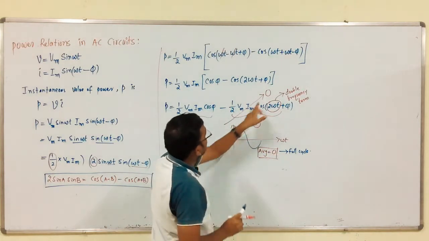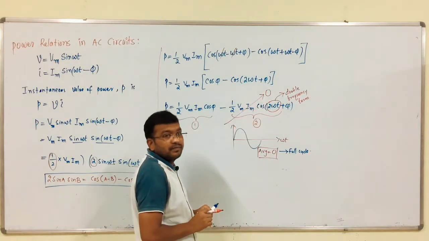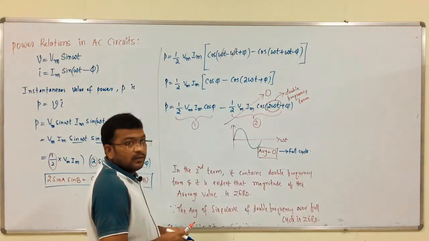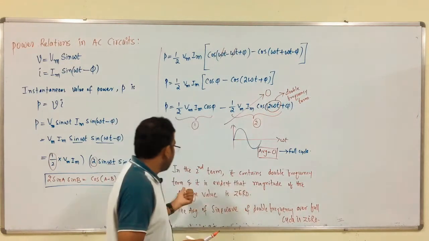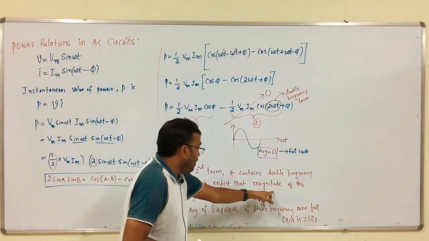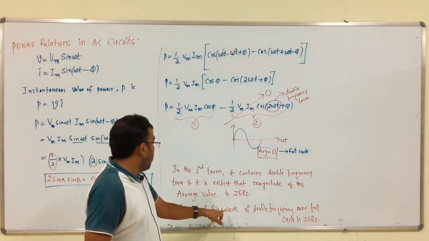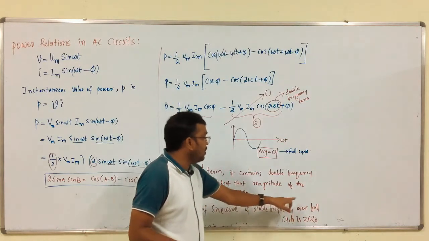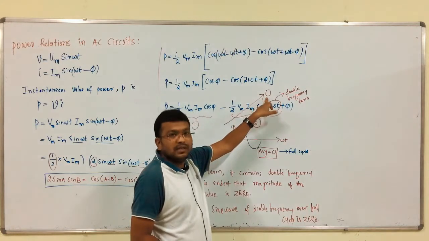Then the total value for this second term should be equal to 0. See, the second term contains the double frequency term, and the average value is 0, since the average of a sine wave of double frequency over a full cycle is 0. That is why it should be considered as total 0.